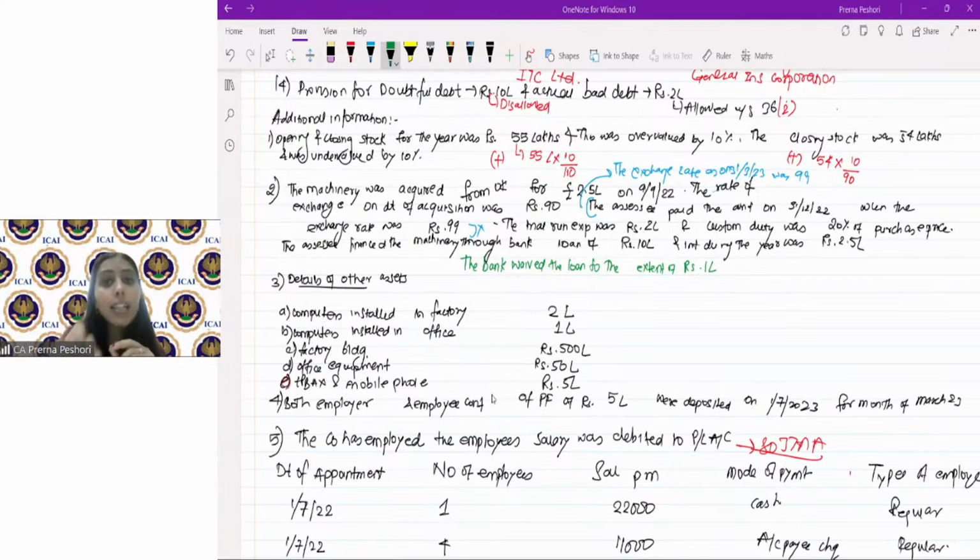The moment you write down the section number, it will get registered. If you are able to reproduce that section number, it is an added advantage, because that is the differentiating factor between your papers. That's why I am discussing these sections with numbers, so that as and when I repeat it, you will also register it.